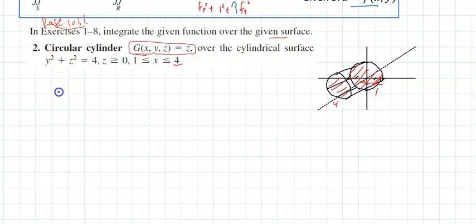I'm going to say, let's say r of x and y is actually x, y, and if I want z equal to the square root of 4 minus y squared, z is bigger than or equal to 0, so it's really half of this. It's the upper half.